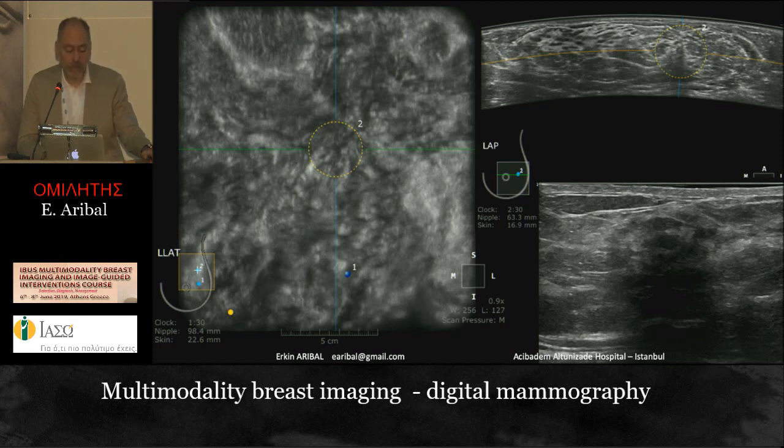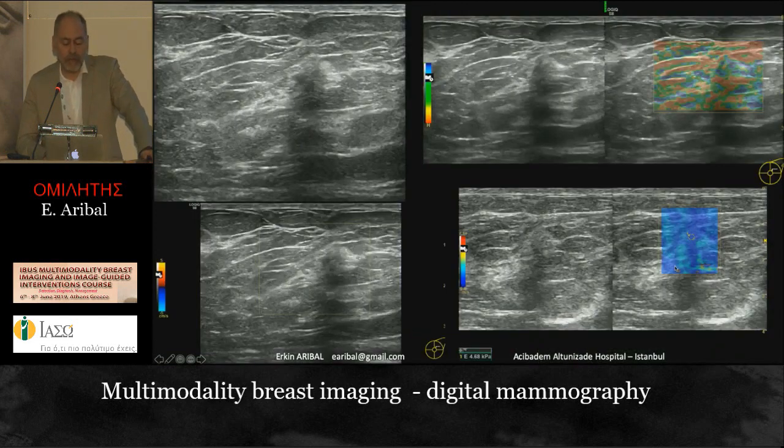And on ultrasound, we do automated ultrasound in cases where we see calcifications. Here we have found a suspicious lesion, which was far away from the nipple. The area where the calcifications were here, but here it was. And over the nipple, at 12 o'clock, we have seen some dilation of the ducts.